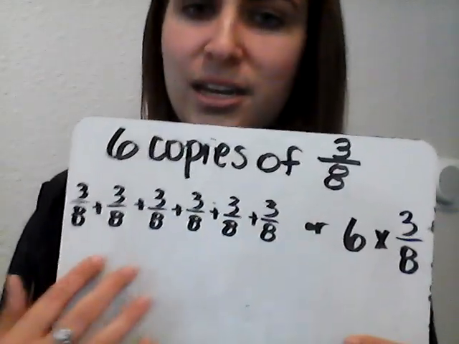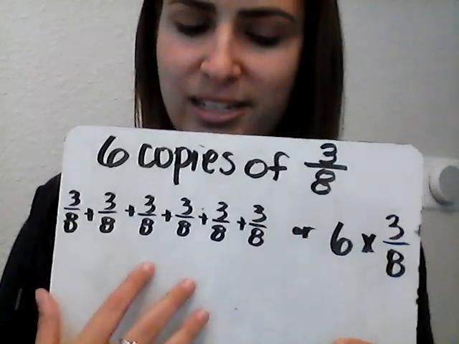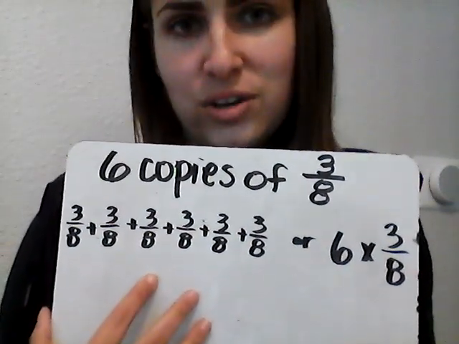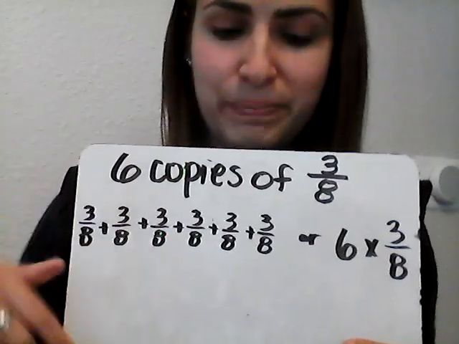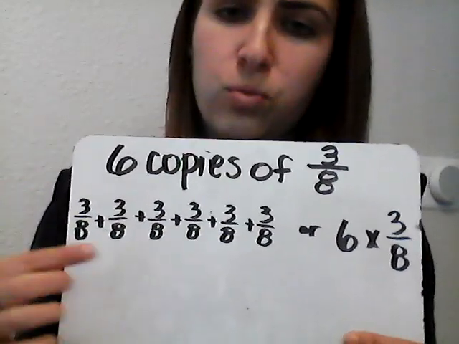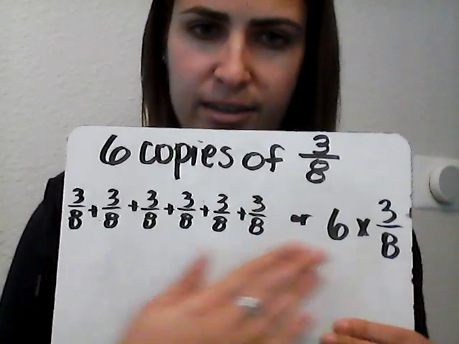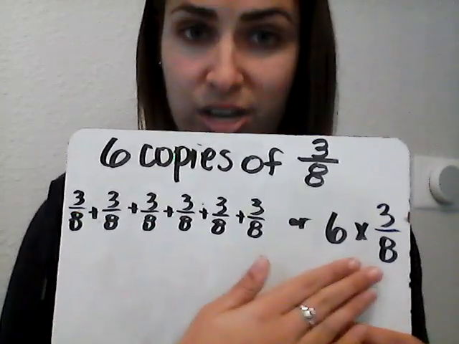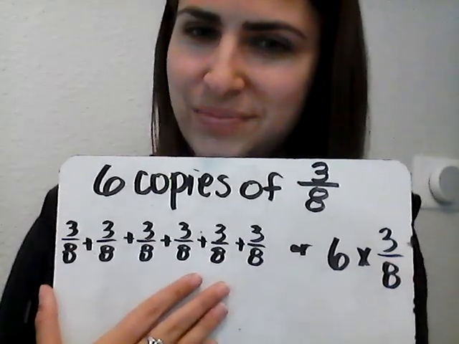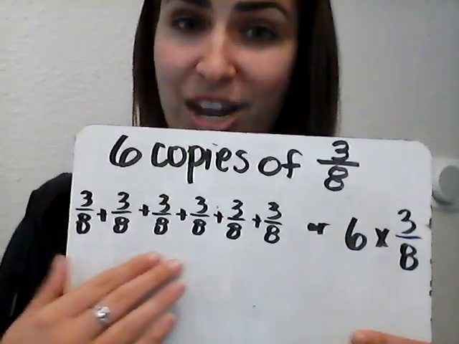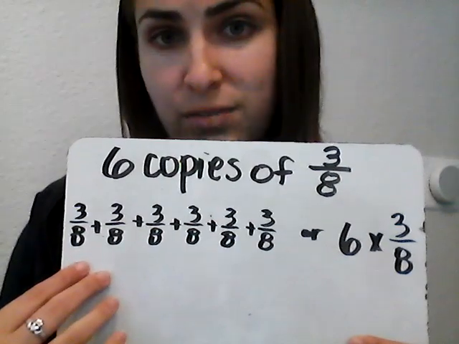But I want us to focus on these number sentences, and I have a question for you that I want you to answer in the comments below this video. Which of these strategies do you find to be the most efficient? We have repeated addition to solve 6 copies of 3/8.